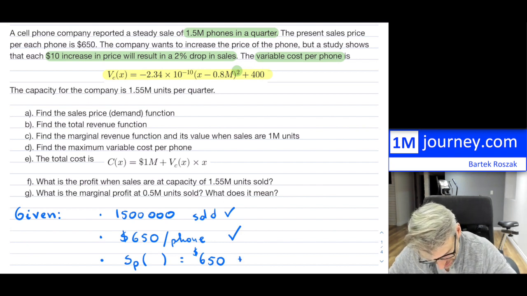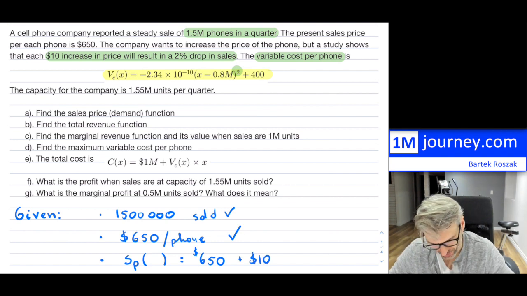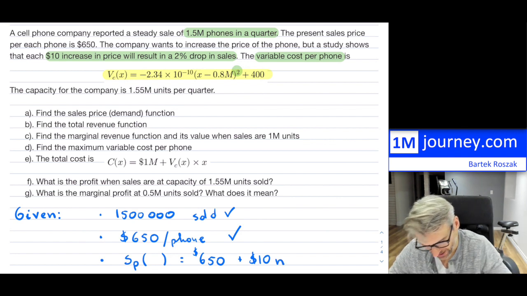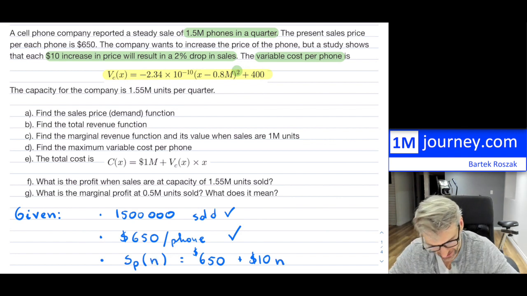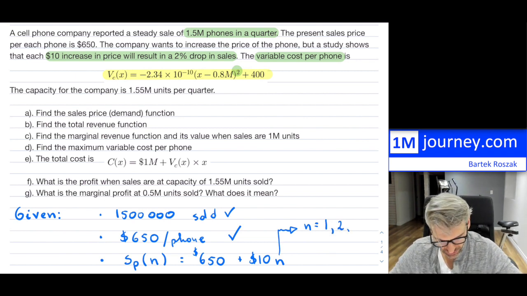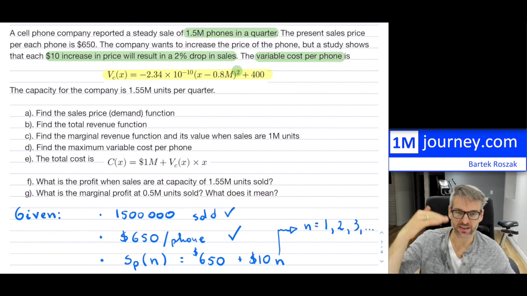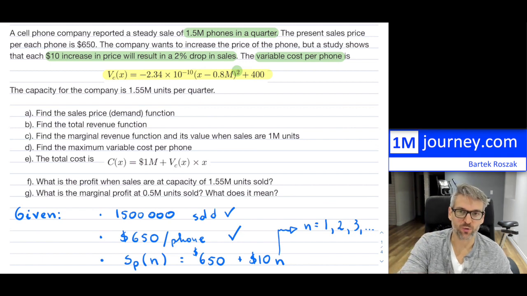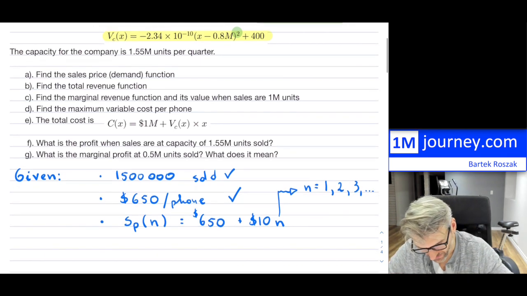So for each $10 that they increase the price, I'm going to multiply by N, where N is equal to 1 increase in price, or 2 increases, or 3 increases, and so on. So every time I do an increase in price, the actual sales price will change. Now, this is not what we want, but just a moment.